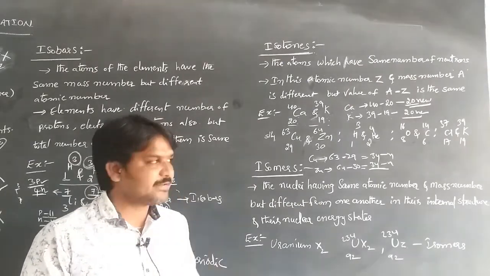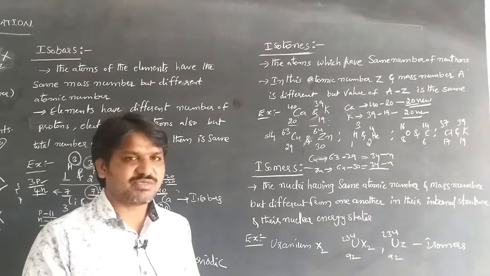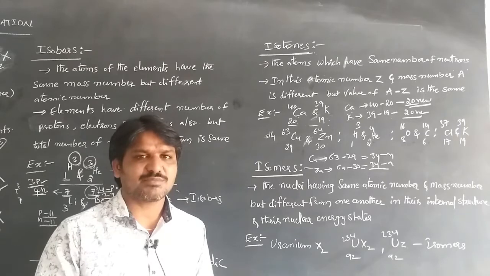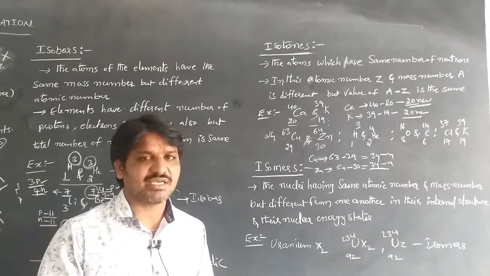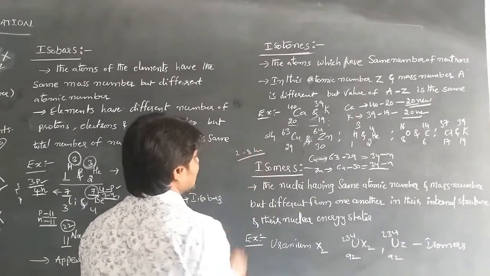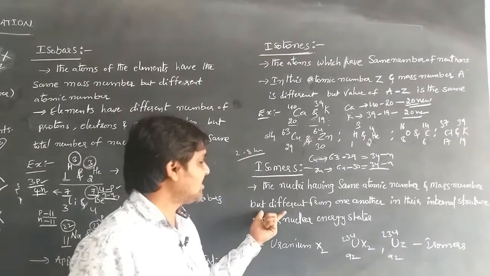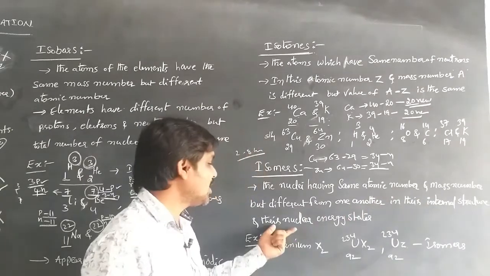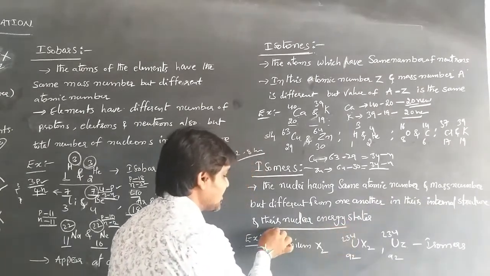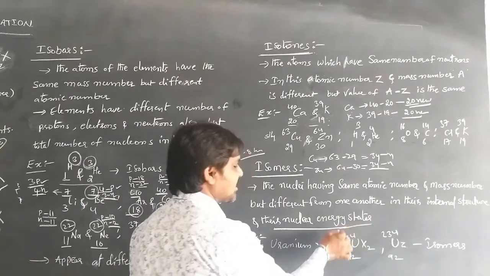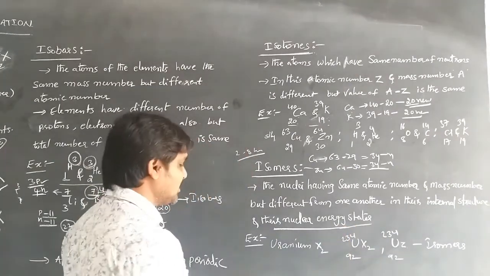For example, strontium will emit gamma radiation when it is exposed, and its half-life is 2.8 hours. They differ from one another in their internal structure and nuclear energy state. In the case of nuclear energy states, uranium is mostly used in explosives.